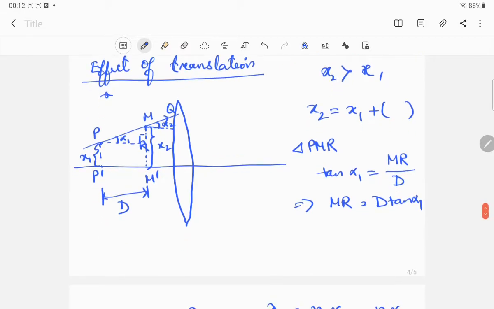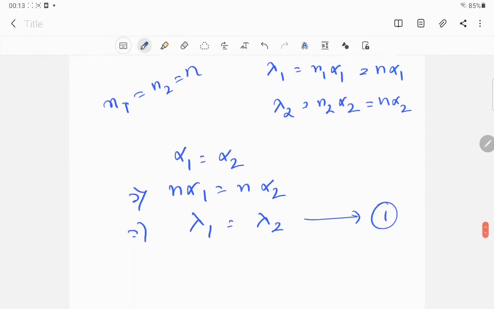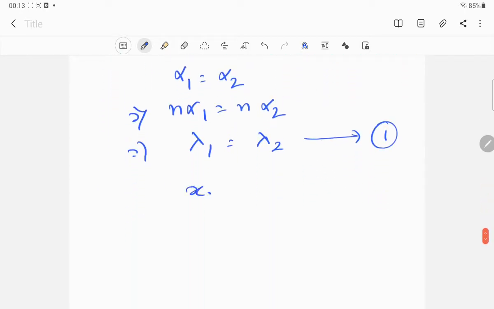That means x2 is equal to x1 plus MR. Look at the diagram very carefully. So x2 equal to x1 plus D tan alpha 1, I hope it is correct. So we have got another relation: x2 equal to x1 plus D tan alpha 1.